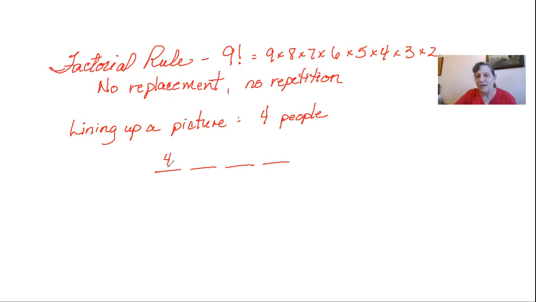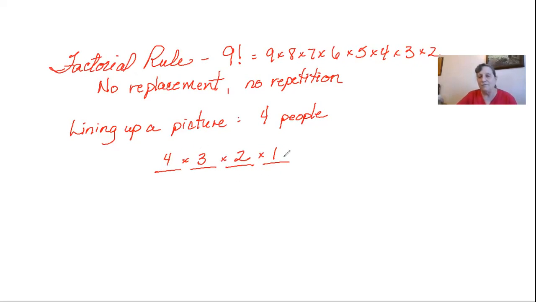Once you choose somebody to stand on the left, there are only 3 people that could stand next to him, 2 people that could stand next to her, and that sets 1 person at the end. Once you've put the first 3 in, that's a done deal.